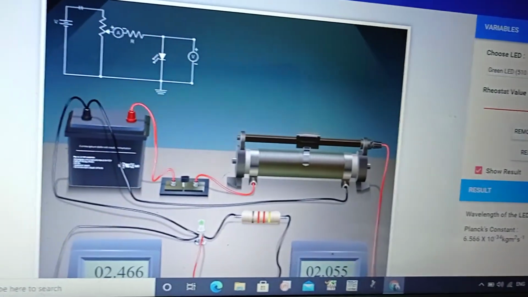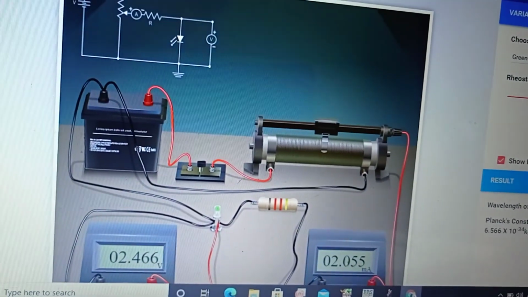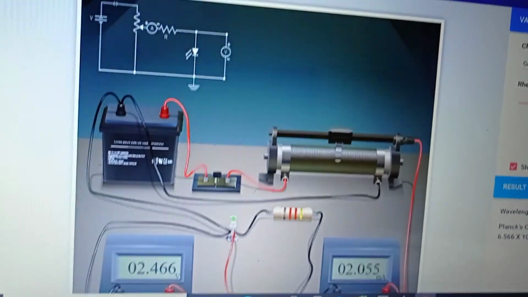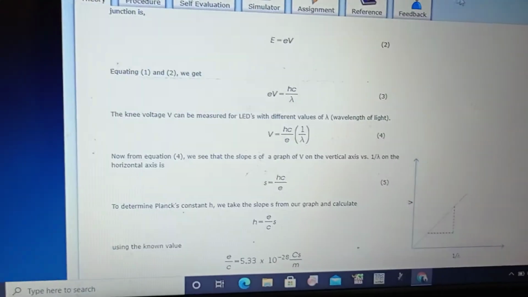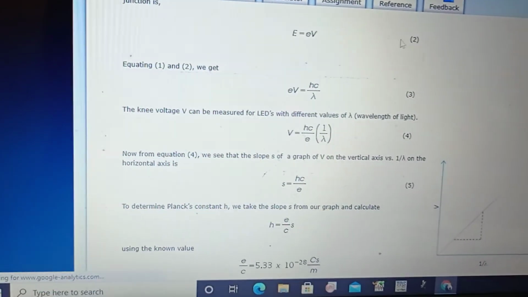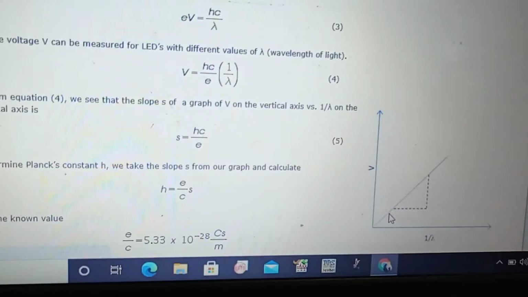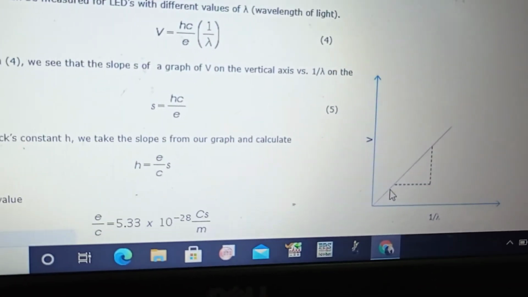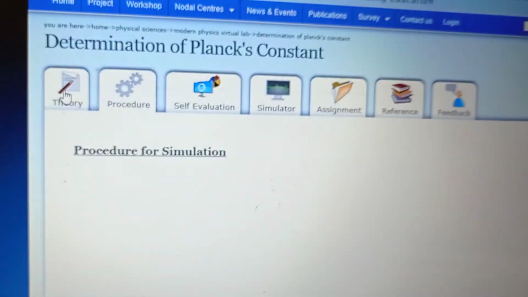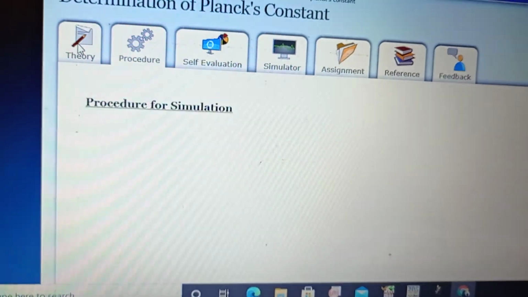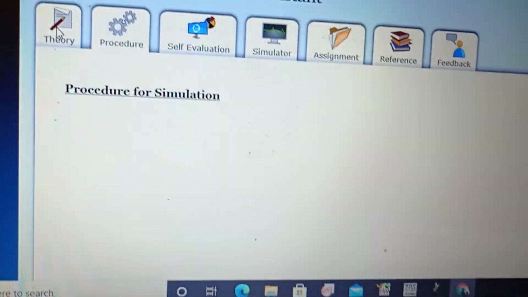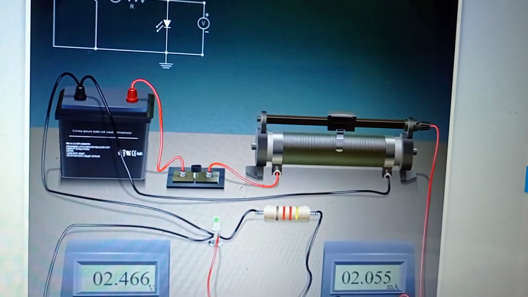We can note down the current and the voltmeter reading, and by doing the same we can plot the graph between voltage and 1 by lambda like this. We can calculate the slope, and from that slope we can calculate the value of h. Like this.